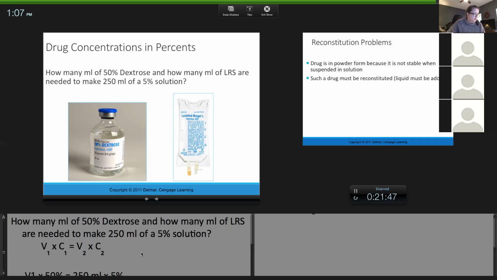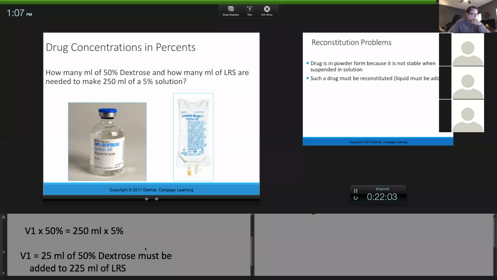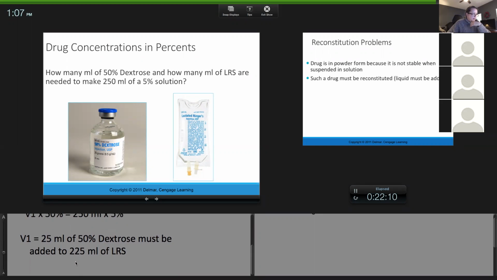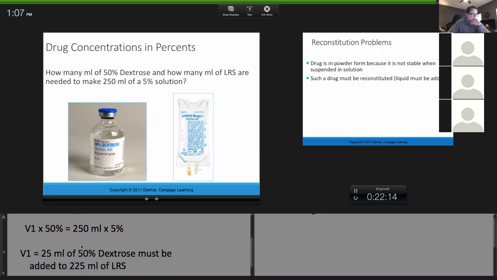So if you look at V1C1, the volume of what we have at 50%, but we want to make 250 mils of a 5%. If we multiply this out, we're going to have to add 25 mils of a 50% solution.